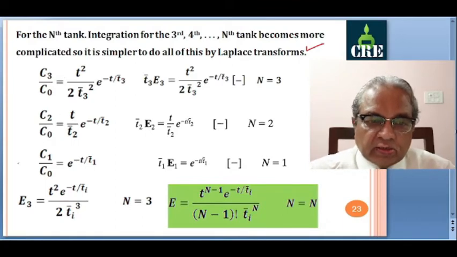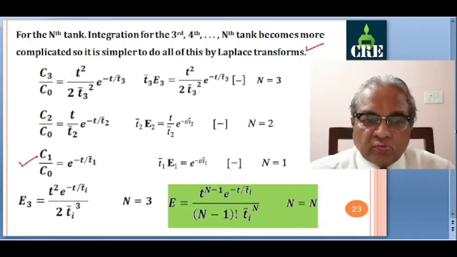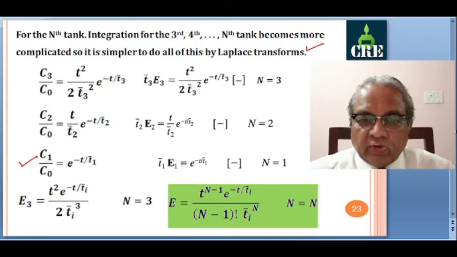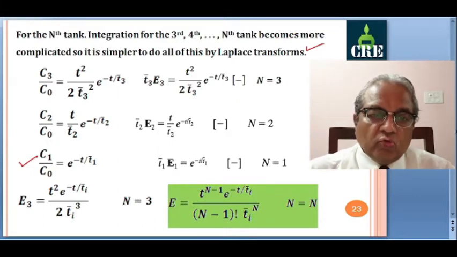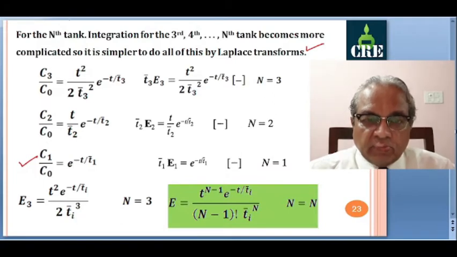We have written here C1 by C0 what we got, C2 by C0 what we got, and T1 E1 this term, T2 E2 this is for n is equal to 2, and similarly for third tank you can derive C3 by C0. You will get here T square by 2 T3 bar cube, e raised to minus T by T3 bar.